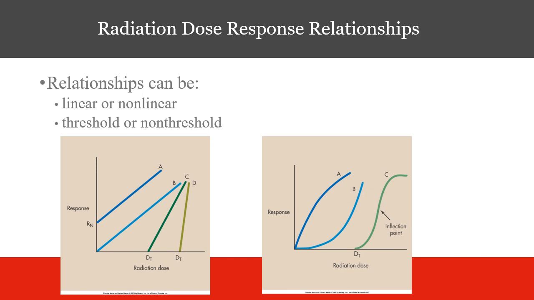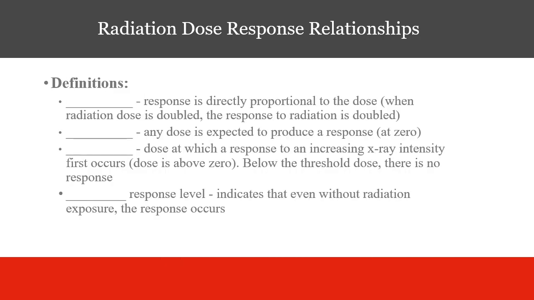It's a natural response, and the dose is still 0. Looking at the green, and another shade of green, they both have D with a small t, and that is being threshold doses. So they have a certain dose that you're going to have to take to cause a response. We're going to be above 0. So let's take a look at those definitions next.